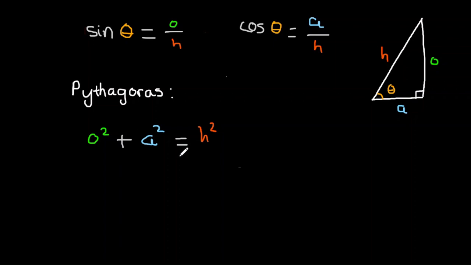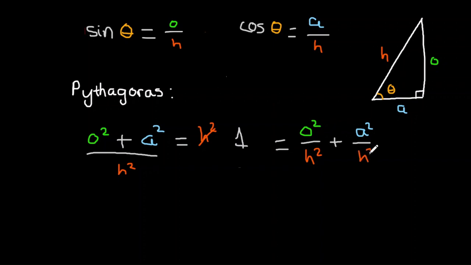If we divide both sides by H squared, we will get O squared plus A squared over H squared is equal to 1. Now this sum here can be written as O squared over H squared plus A squared over H squared.